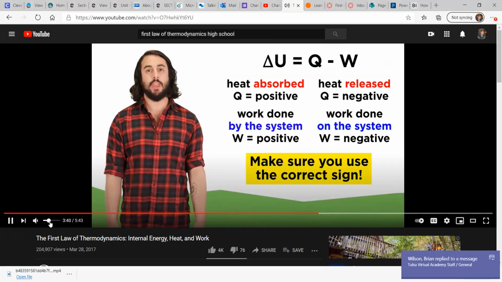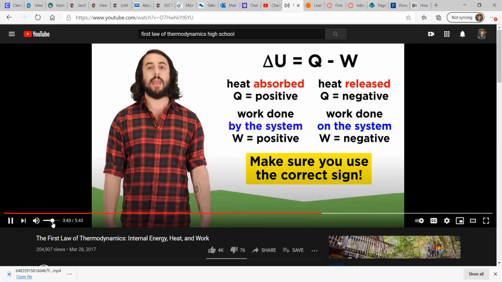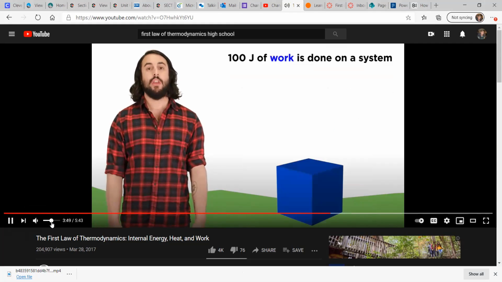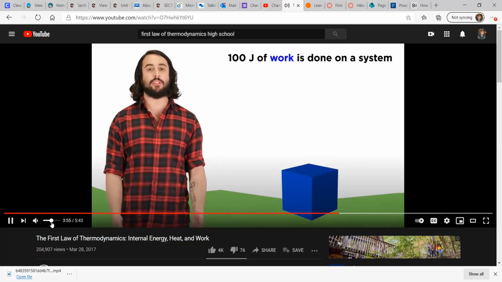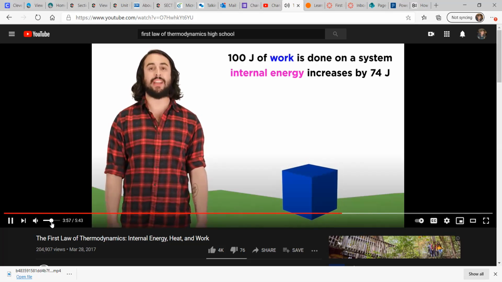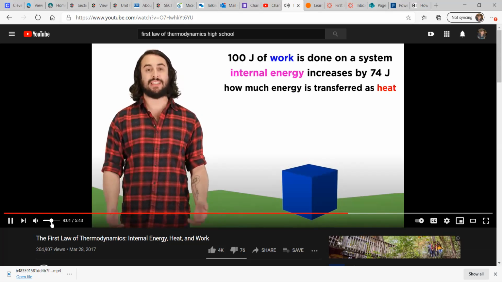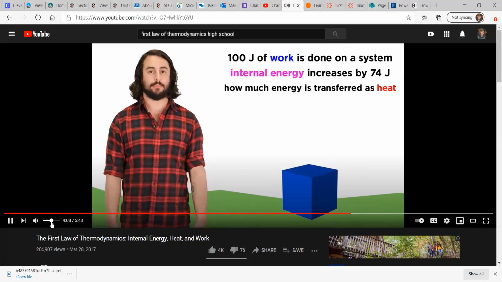Previously discussed. When doing calculations, make sure that you use the correct signs for these values, or the math will be incorrect. For example, if 100 joules of compression work is done on a system, and as a result, the internal energy of the system increases by 74 joules, how much of the energy is transferred as heat and in which direction?